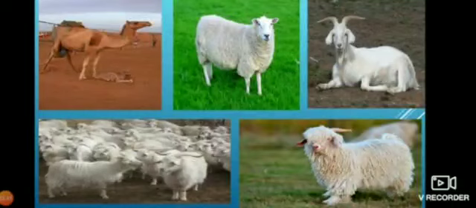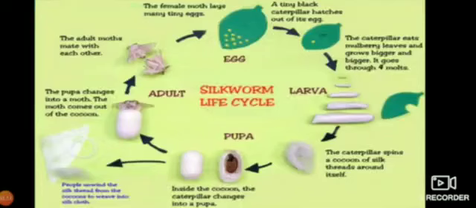So in this lesson, we are going to know more about the fibers that come from animals. We get wool and silk from animals.